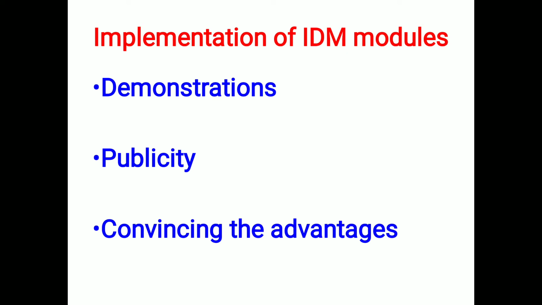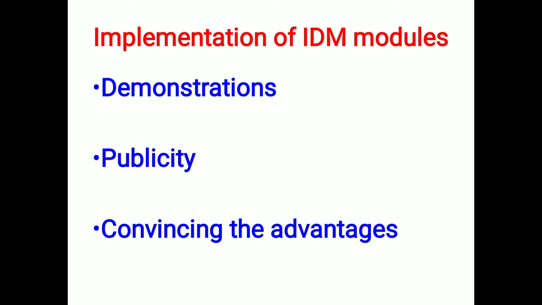We can publish the advantages of IPM modules. Then we can try to implement the IPM module. That means the farmers use IPM modules if you do the publicity with the help of different sources.